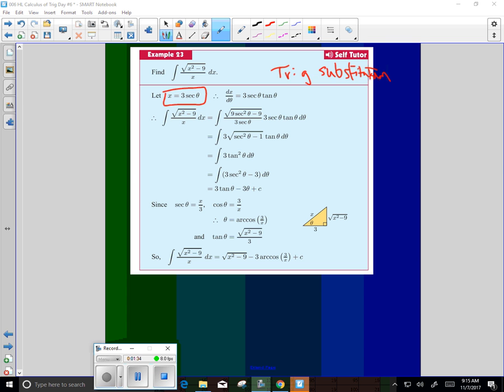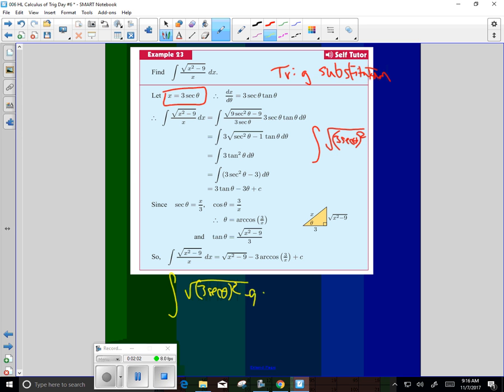So when we substitute in here, square root, x is 3 secant, so we're going to get 3 secant theta squared, and then minus 9.